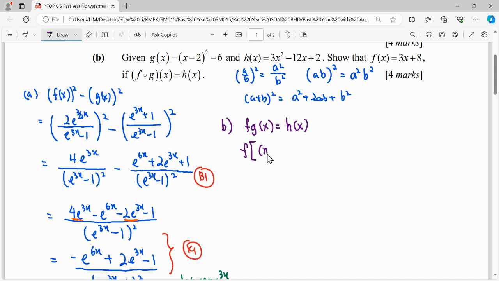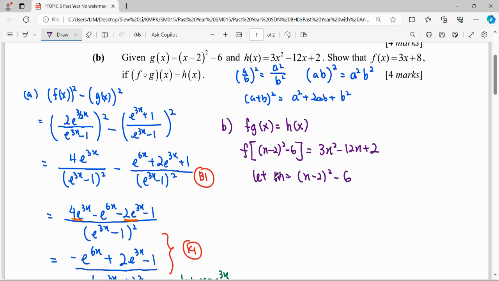where our g(x) is (x minus 2) squared minus 6 equals h(x), also given 3x squared minus 12x plus 2. Which means we need to add in terms of one term, you can simplify until you get 3x plus 8. You can see f is in so many terms here. To solve this, we let m equal the function inside the bracket, which is (x minus 2) squared minus 6.